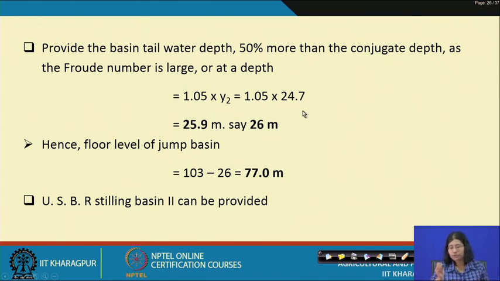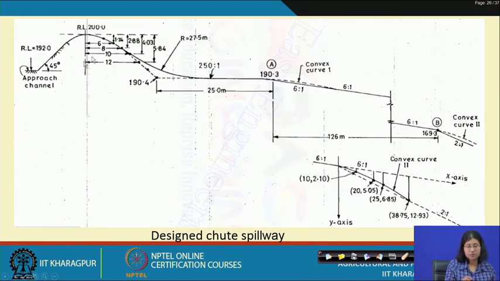So, y2 is 24.7, and 1.05 of this will be around 26 meter. Hence, floor level of the jump basin is 103 minus 26, that is 77 meter, and a USBR stilling basin is to be provided here. So, this is the complete design.